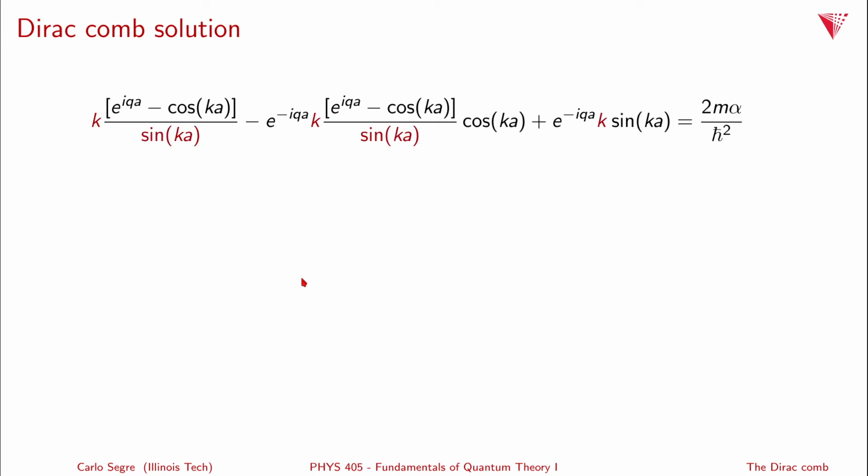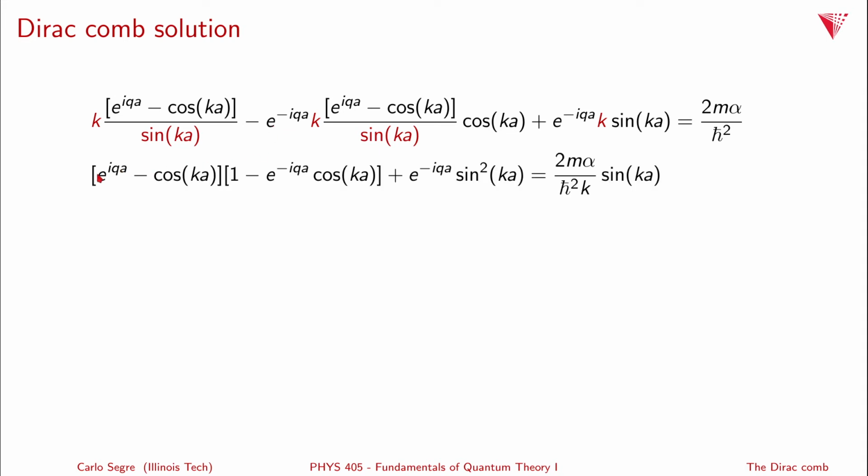So that's where we are with the solution. We can now multiply times 1 over k, the sine ka over k, basically. If we multiply by sine ka over k, this just becomes one term here. And you'll notice this term has the same combination, but it has a prefactor of e to the minus iqa.